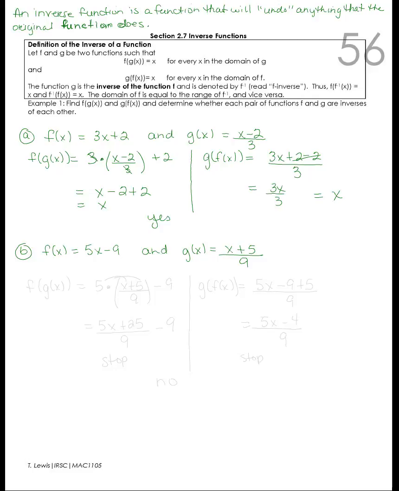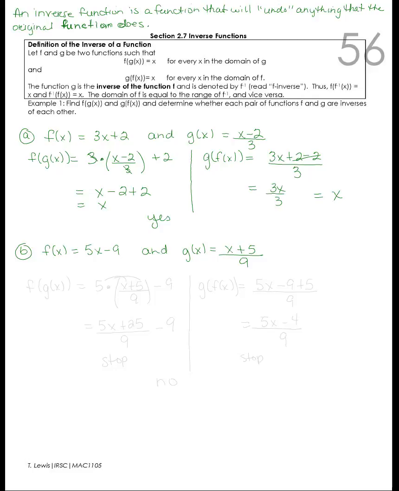I already told you that these are not inverses of one another. Because think about it, we're looking for the inverse of minus 9, which will be plus 9, and we're looking for the inverse of times 5, which would be divide by 5. Look at what we have. So we can tell that they're not going to work out.